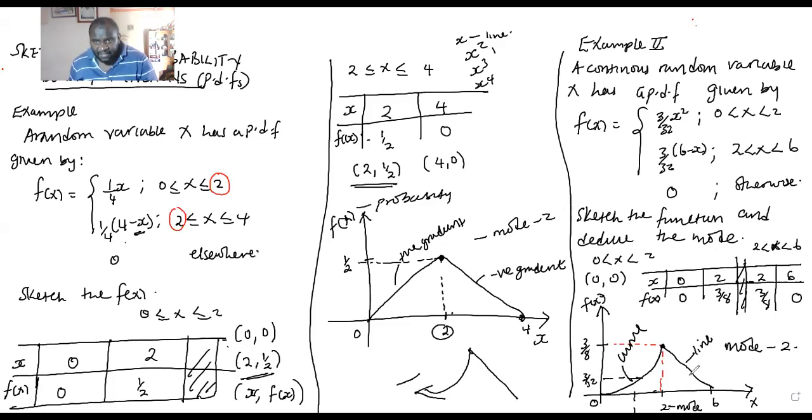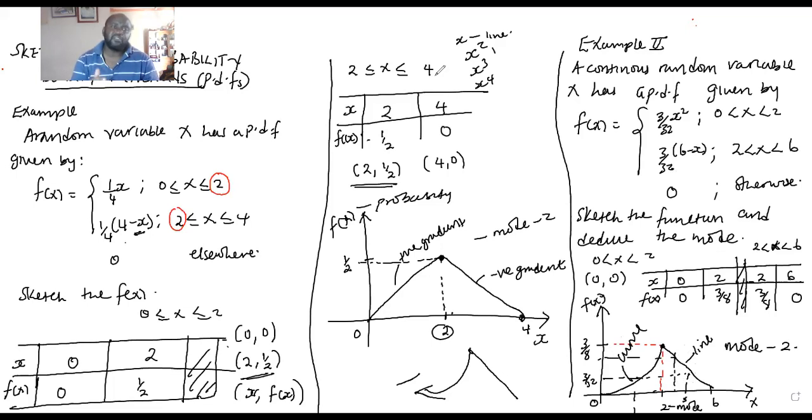If you put here 5, it is also somewhere around this one. Perhaps when you put there 5, you do get 6 minus 5, which is 3 over 32, which is the same. Yeah? When you put there 3, it could be somewhere around here. All those values are below 3 over 8. So 3 over 8 is the highest f of x, or the highest probability. And thus, if it's the highest probability, its corresponding x value is the mode.